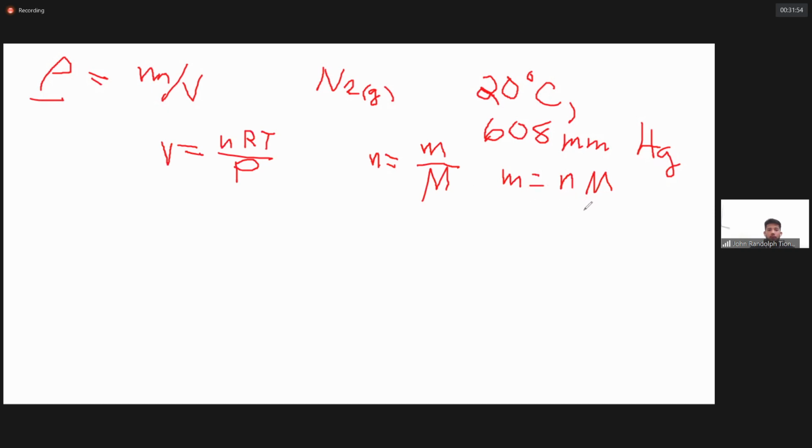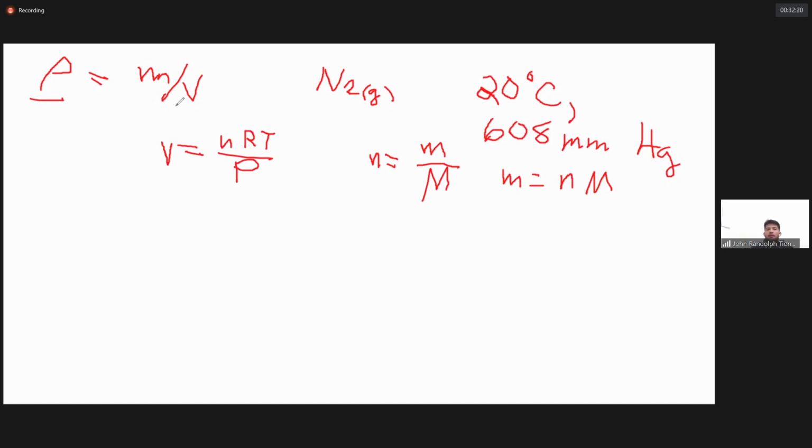Number of moles times molar mass. Then you can solve now your density. Just substitute to your equation mass over volume the formula for your mass, which is number of moles times molar mass, and then for your volume, which is equivalent to number of moles times the universal gas constant times absolute temperature over pressure.